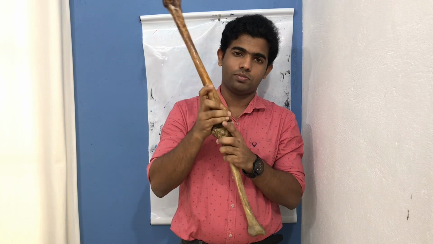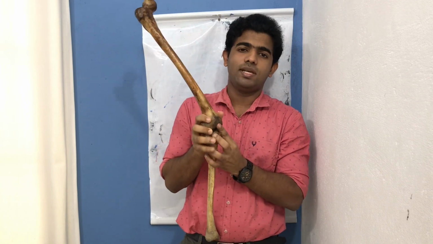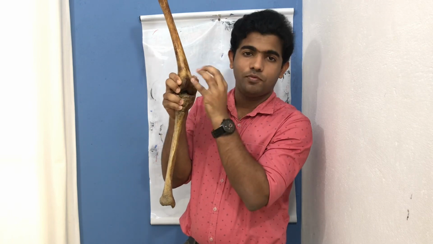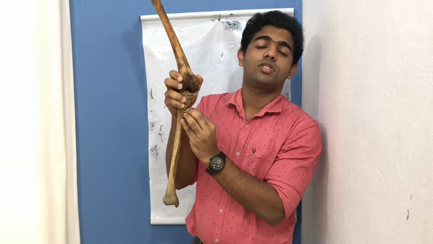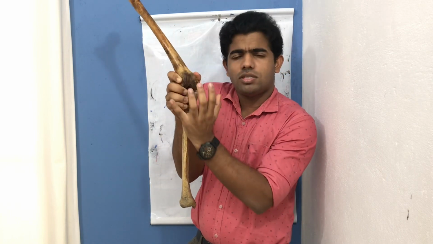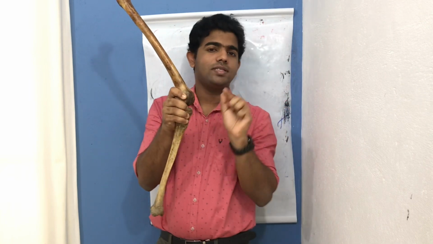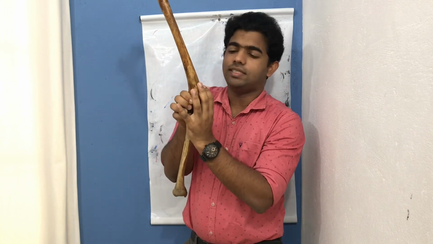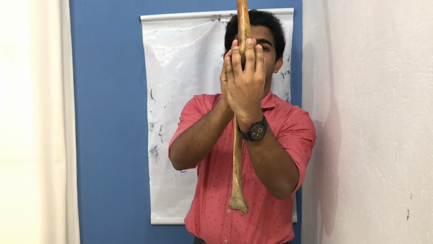Now this joint capsule starts from the inferior aspects of the femur to the superior aspects of the tibia, and it covers the joint completely. Of course, it has some speciality which we will discuss later.